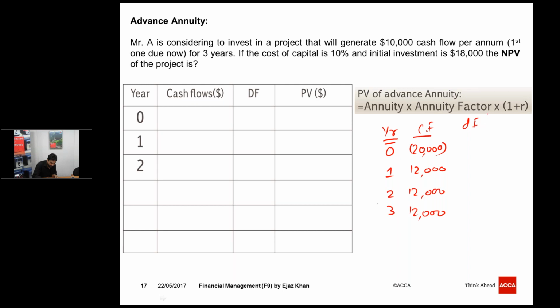Your discount factor should be 8%. So calculate the net present value. Do not use discount factors, use the annuity factor and calculate the net present value for me. Remember, the rate of discount is 8% and the project life is 3 years. So pick the right annuity factor from the table and calculate the net present value. Quick.